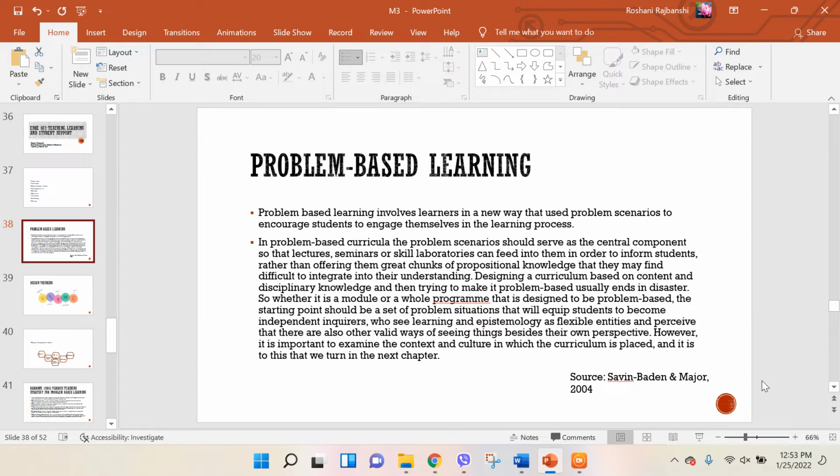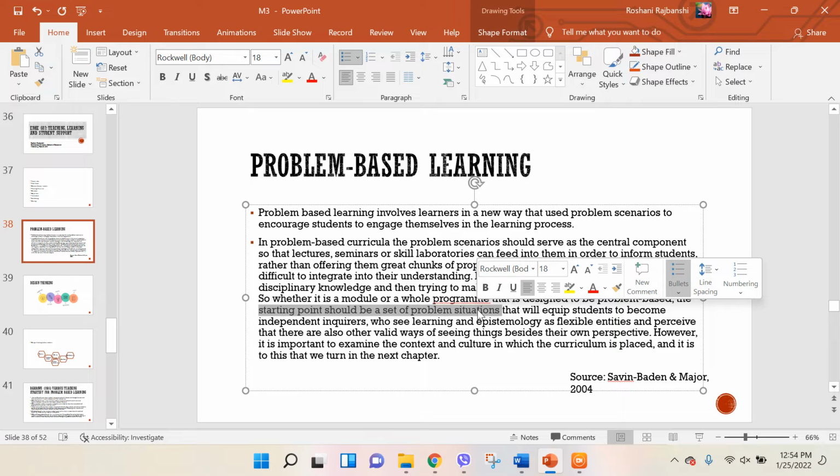Designing a curriculum based on content and disciplinary knowledge and then trying to make it problem based usually ends in disaster. So whether it is a module or a whole program that is designed to be problem based, the starting point should be a set of problems. Here, note that the starting point should be a set of problems that will equip students to become independent inquirers who see learning and epistemology as flexible entities and perceive that there are also other valid ways of seeing things besides their own perspective.